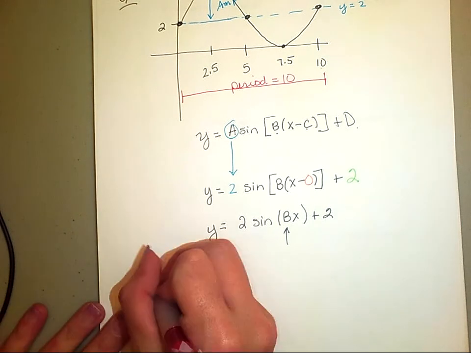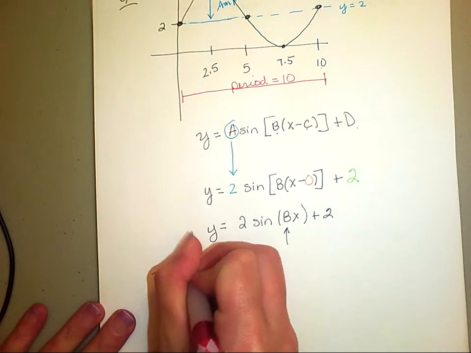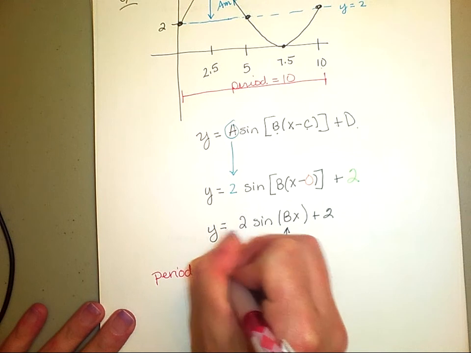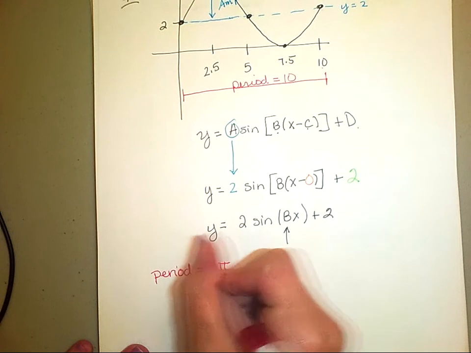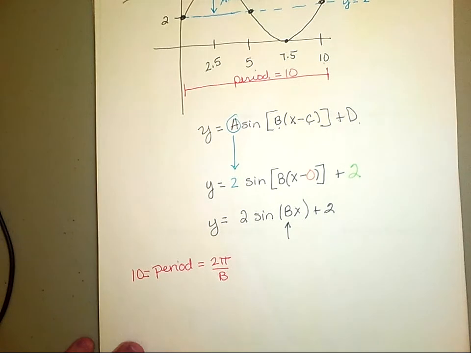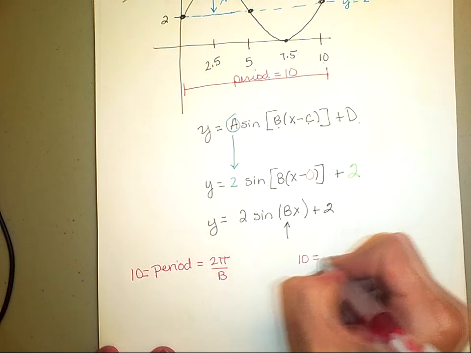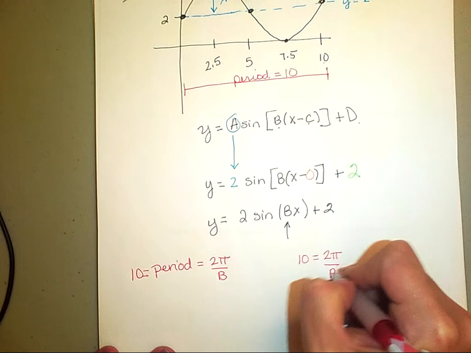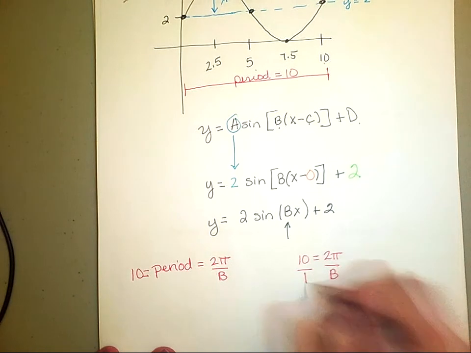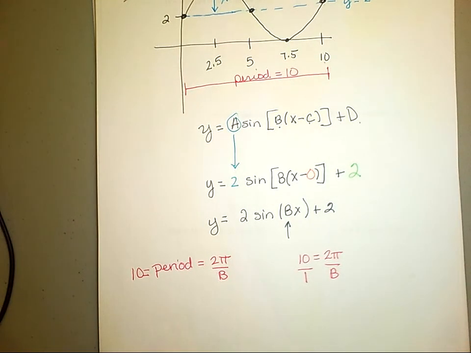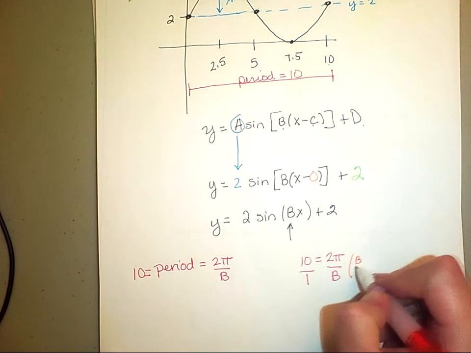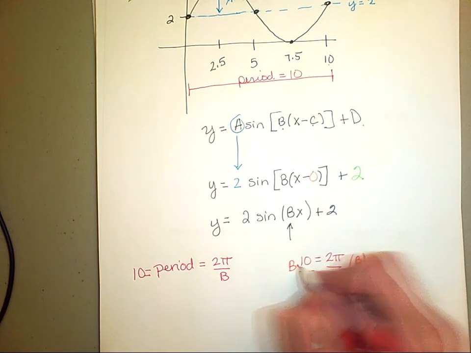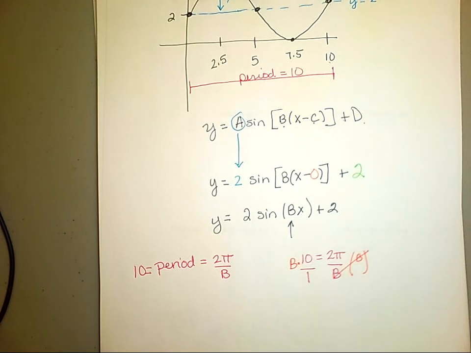We also know that the period is equal to 2 pi over b. Okay. And we know that that equals 10. Okay. So now we can just solve this. 10 is equal to 2 pi over b, okay, over 1. So if we multiply both sides by b, okay, the b's will cancel.